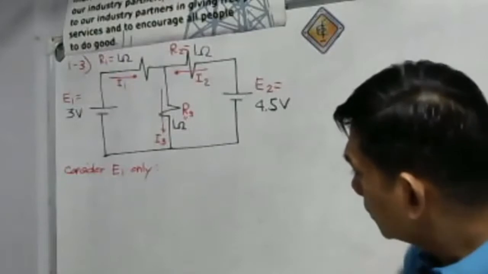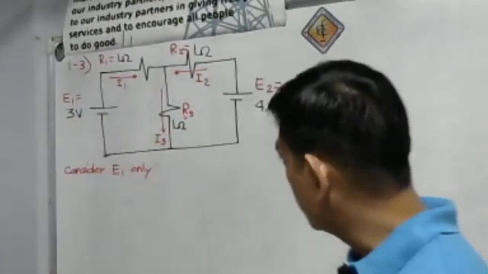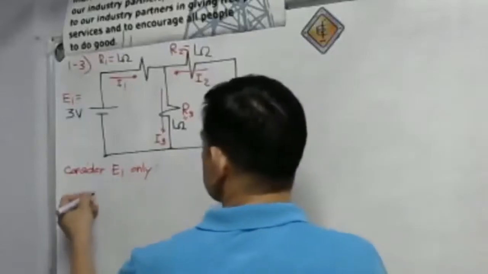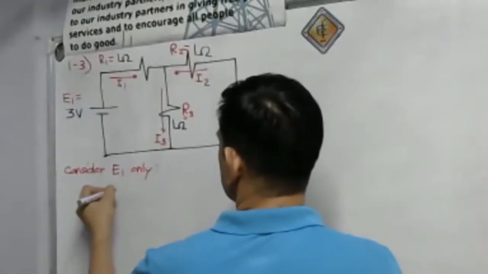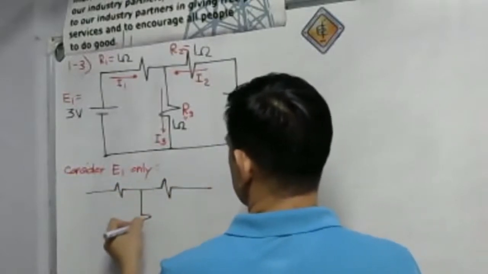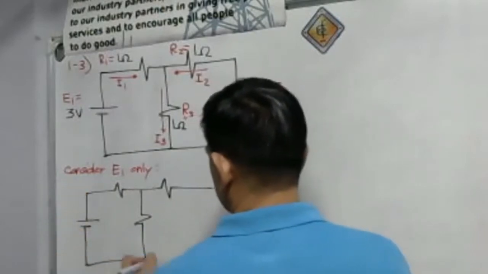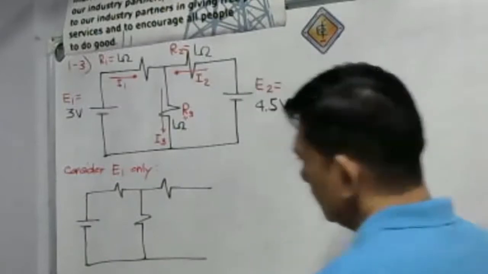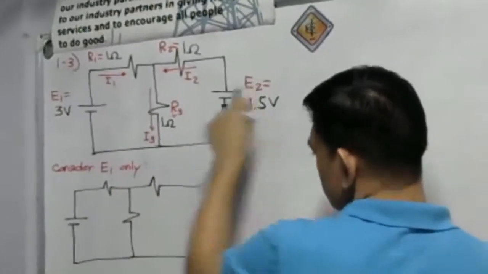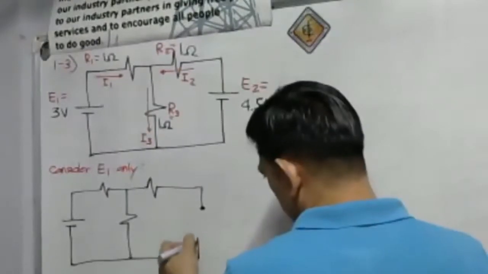So consider E sub 1 only. We have here a 3 volts source only. Let us redraw the circuit. This will be our circuit. Since we are only considering E sub 1, what you will do with E sub 2 is to short it.